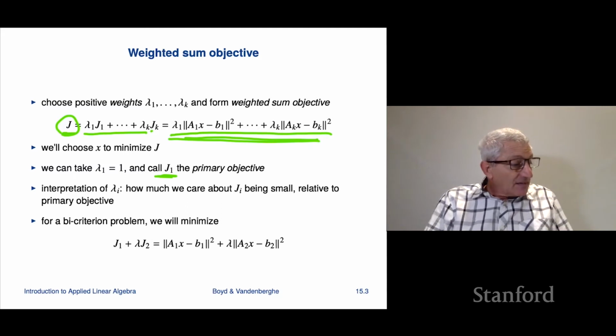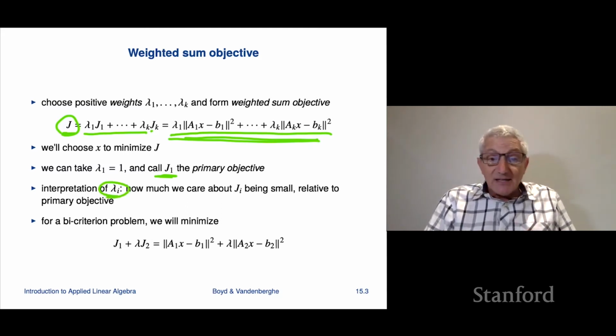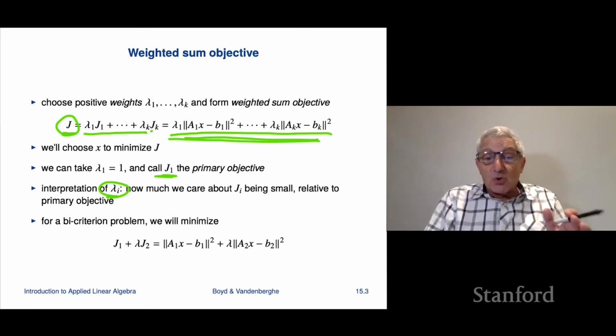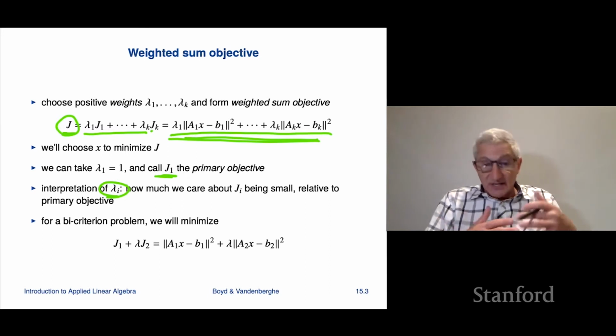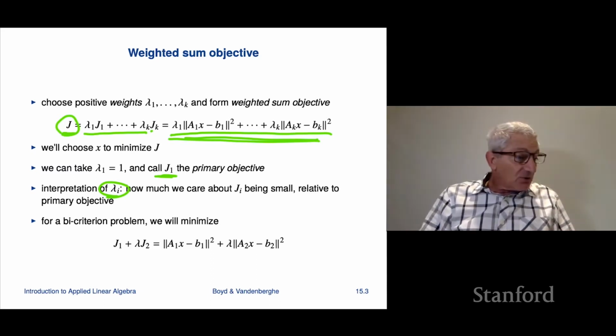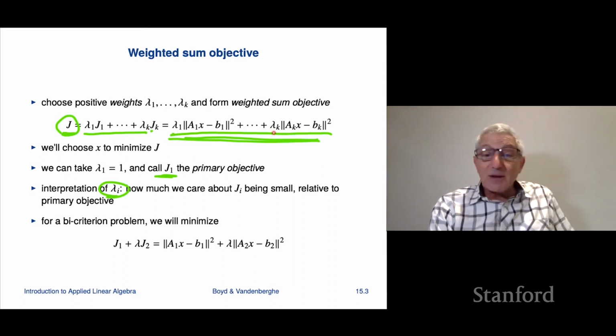And we can interpret the lambdas. Lambda i is how much you care about Ji relative to the primary objective. So if lambda 5 is 5, it says it irritates me 5 times more for J5 to be large than J1. If it's 0.5, it irritates you half as much. These parameters, lambda 1 through lambda k, are sometimes called hyperparameters.